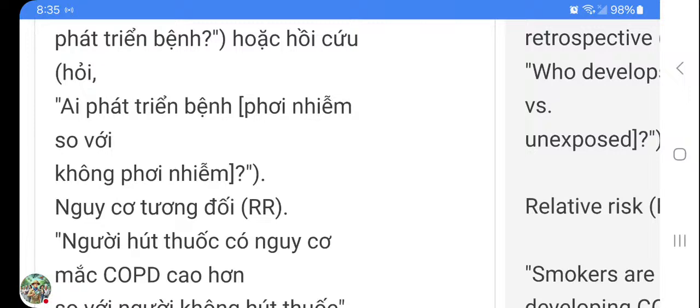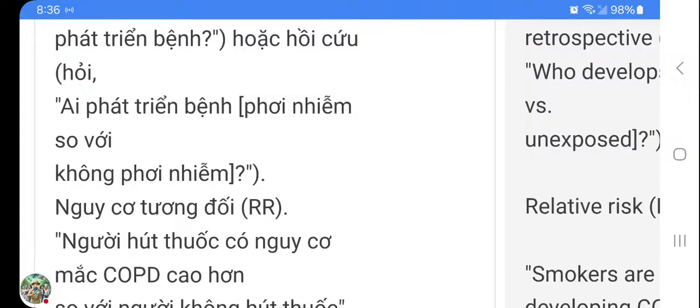So then we can say, after 10 years, in the group of people exposed to smoking, the lung cancer development is 2 times higher than the group of people without exposure to smoking.